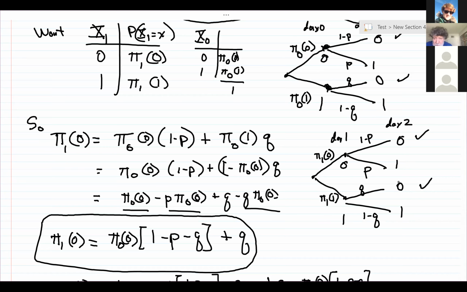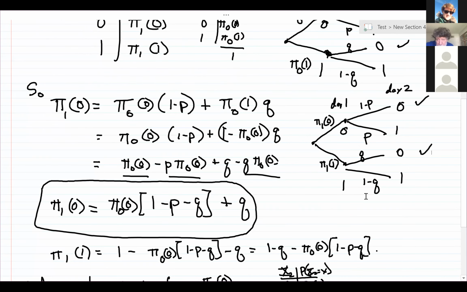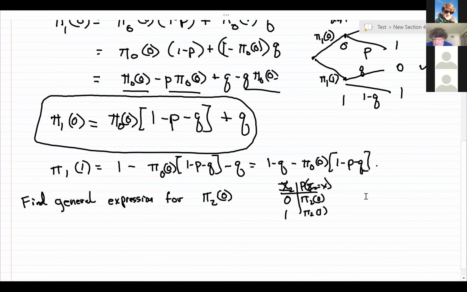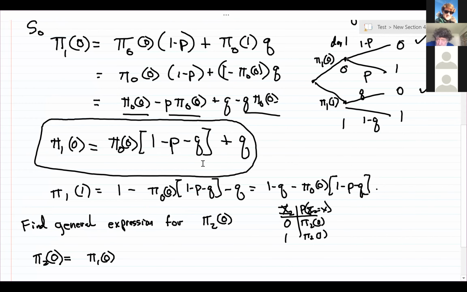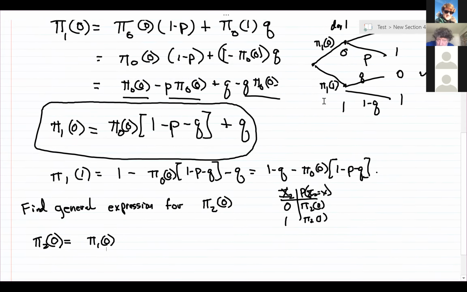You're either broken the previous day and you're still broken, or the previous day you were working and now you're broken. You just broke during the last day. So those are the 2 possibilities that have to be considered in cases. Okay, so the answer should be, from what we've done before, pi 2,0 should be pi 1,0, which is the first leg of this tree, times the 1 minus p.